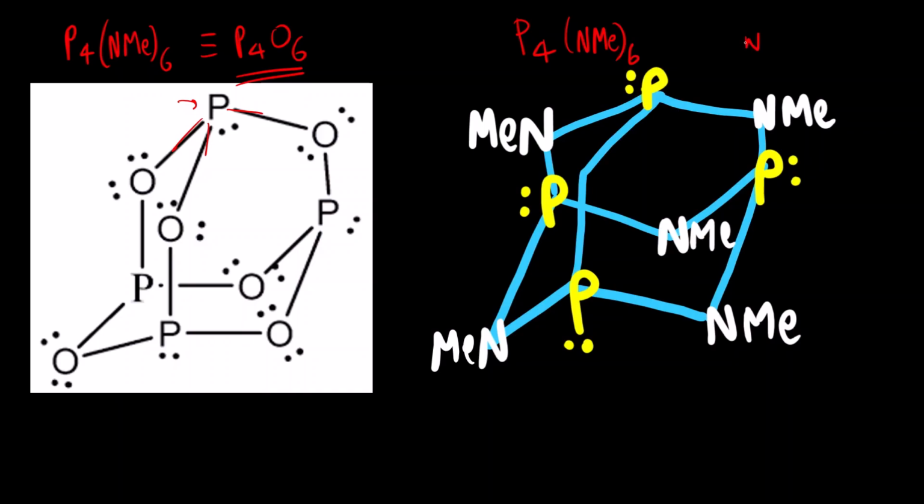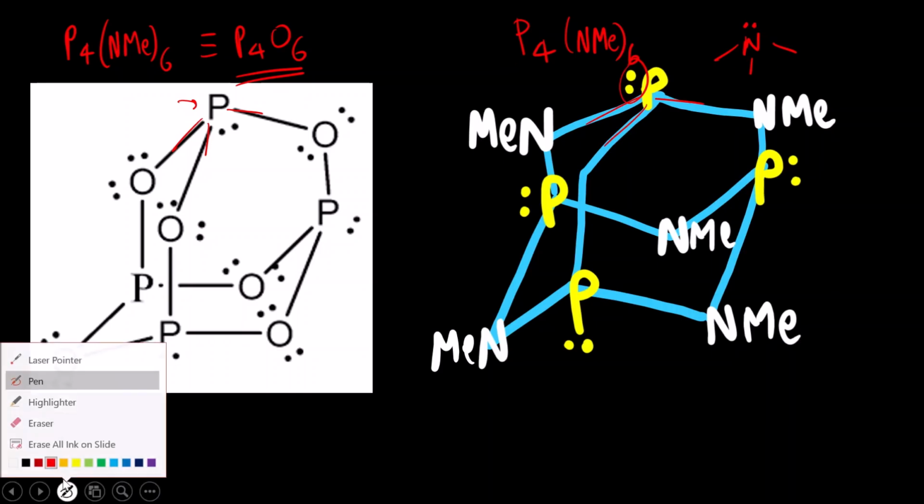Nitrogen has 5 valence electrons, just like phosphorus, since both belong to group 15. Phosphorus will have 1 lone pair and 3 other groups. So this is the structure of P4N6Me6.